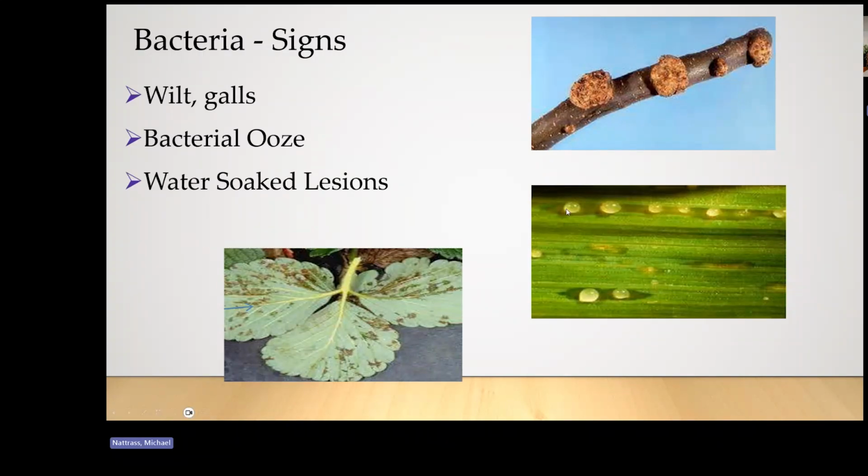What happens is that bacteria infects that cell and breaks down the cell wall, and everything just leaks out and is free flowing. You've got to think about the inside of a cell, the cytoplasm, being this gelatinous, oozy sort of material. Once that cell wall is disrupted, it is just free flowing throughout the plant, and there's no structure. So you might see these water soaked lesions as well.